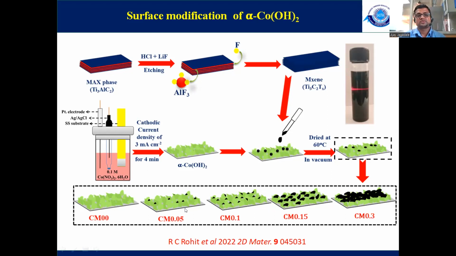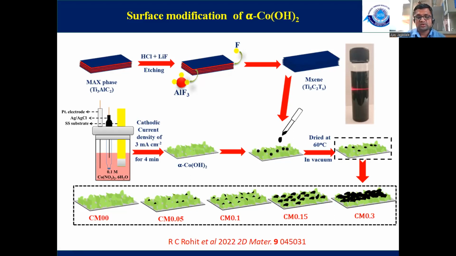Different concentrations of MXene were used. First, this is unmodified alpha cobalt hydroxide. This image is alpha cobalt hydroxide modified with 0.05 milligram per centimeter square, and here this alpha cobalt hydroxide is modified with 0.3 milligram per centimeter square.